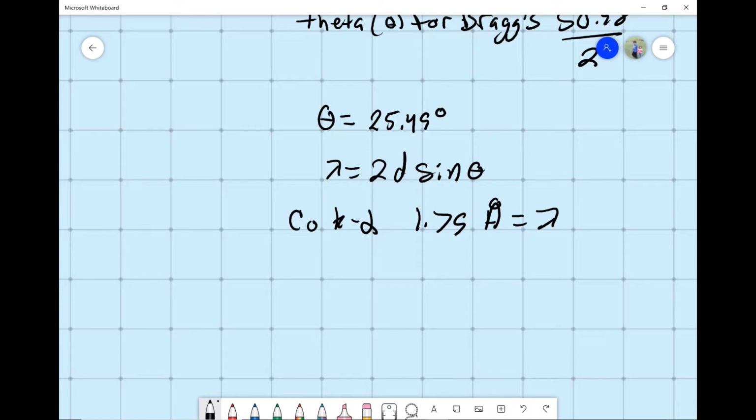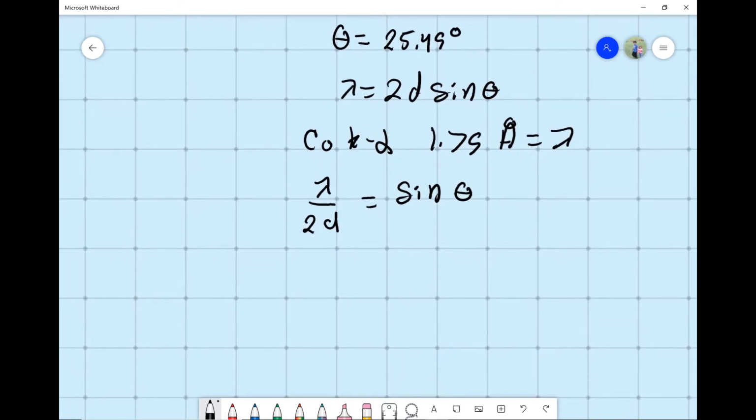So lambda over 2d equals sine theta, and so theta equals sine inverse of 1.54 angstroms over, oh, I'm a dope.